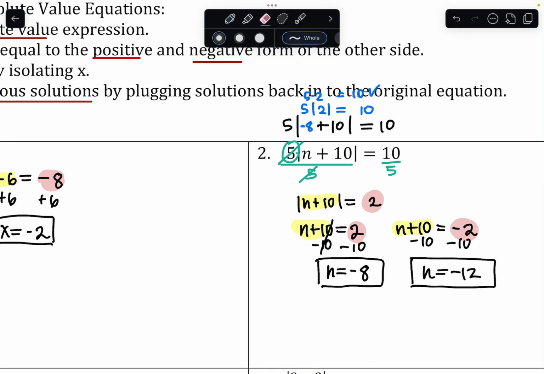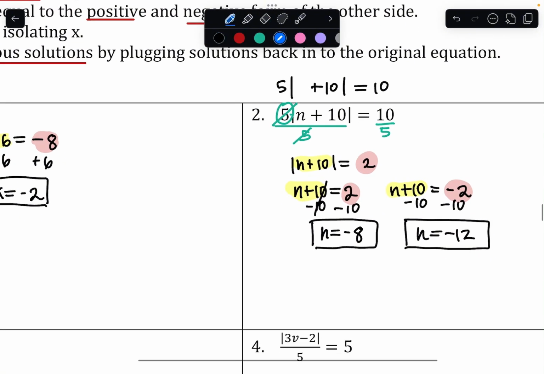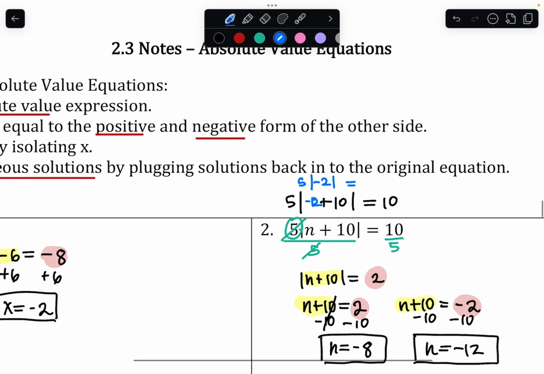So that solution works. And then if I plug in negative 12, negative 12 plus 10 is negative 2 inside the bars, which when we take the absolute value of negative 2, it becomes positive 2, which is 10. So both solutions work.